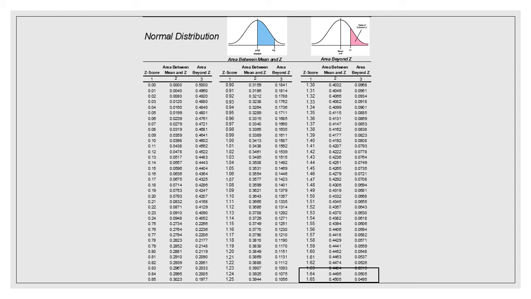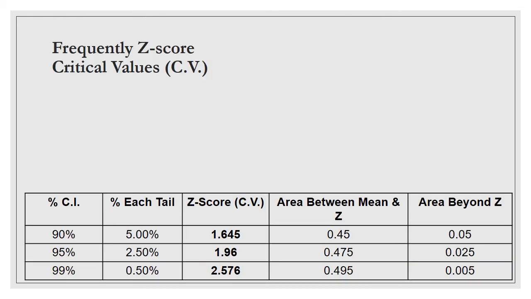So let's take a look at the common values now. For our z-scores, here are some of the most common critical values that we use, and they're associated with the area beyond the z, which is just associated with our p-values.